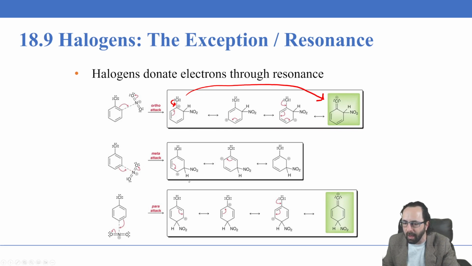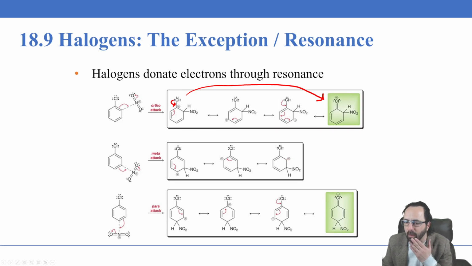We have a meta attack, we get a positive formal charge either at the para position or at the ortho position. Either way, when we look at all the resonance structures here, we have lone pair adjacent to carbocation here, allylic carbocation rather. And so we move that here. Now here's the three bonds, no lone pairs carbon. We have allylic carbocation. Here again, we have the third resonance structure.